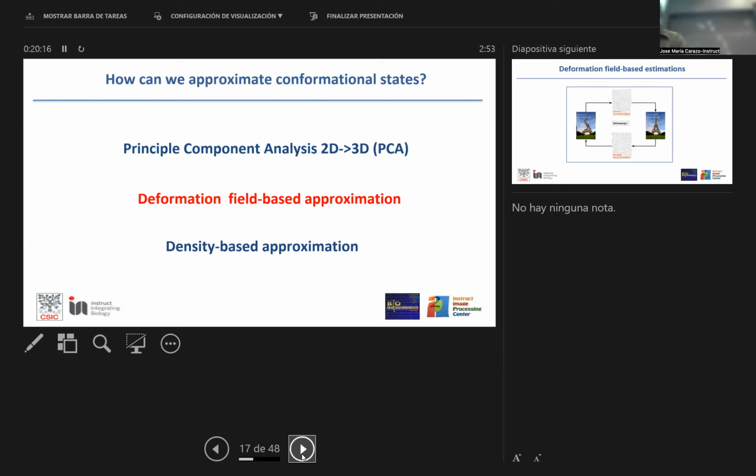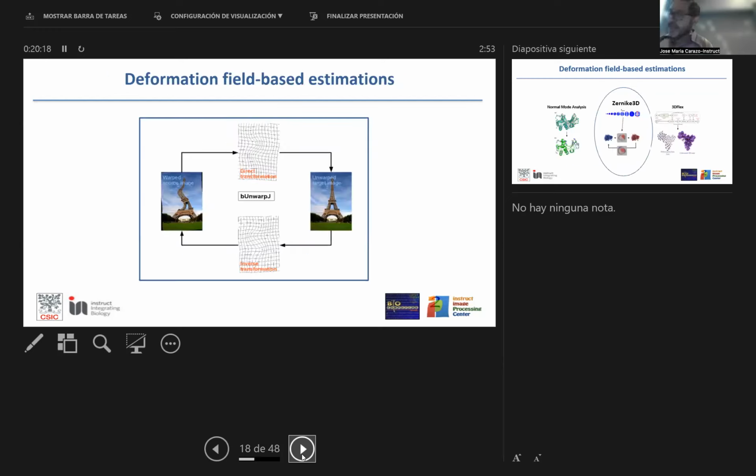Okay, I start with the deformation field base. It is to think that you have your specimen, your naive representation of the specimen is the Durothel, and then what you have really is instances of some deformed Durothel, because your specimen is moving with respect to an average canonical reconstruction.